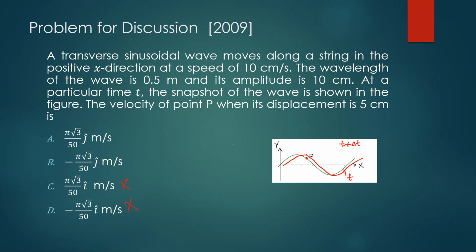The point is getting higher, it is going up, so the velocity of that point will be positive, upwards. So the answer should be A. You don't have to worry about the numbers in this case. If you understand the concept, you get the answer by elimination.